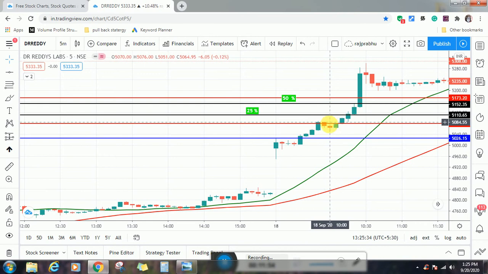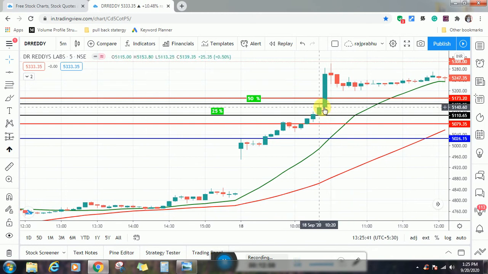You can see here, after completing the target you can get fresh highs like this. Consider this as after target achieved.